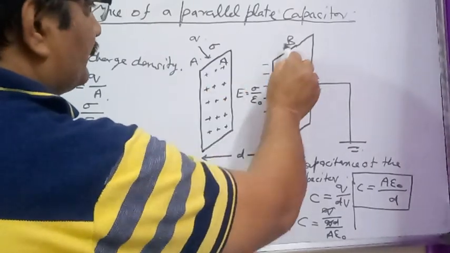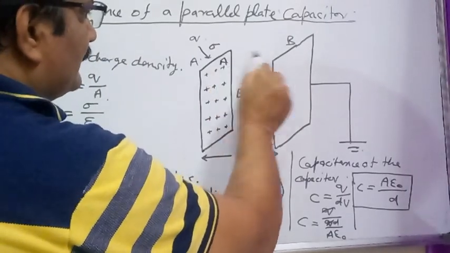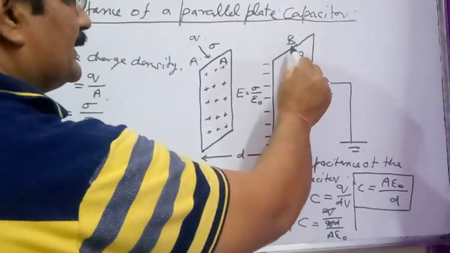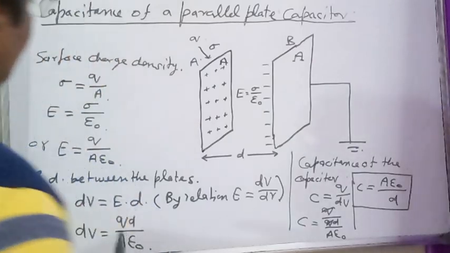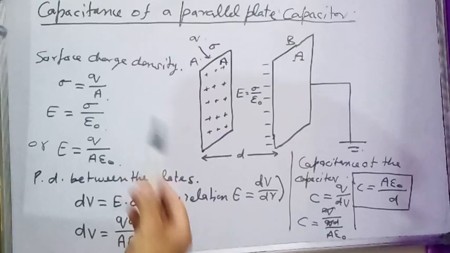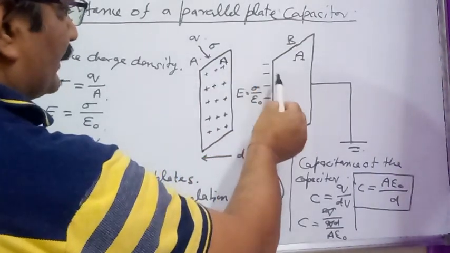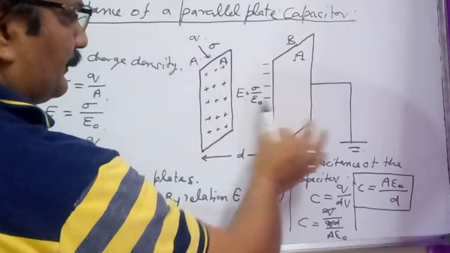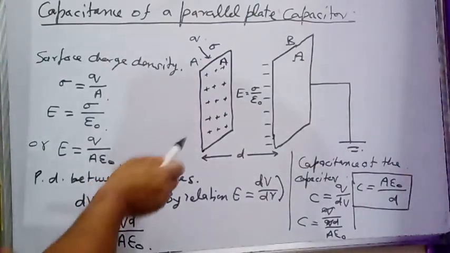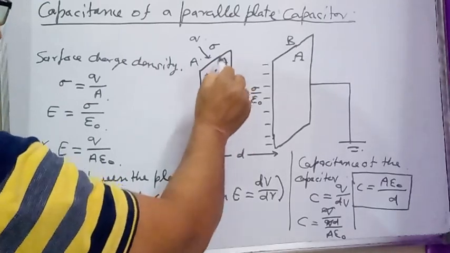This is plate A and this is plate B. The surface area of both the plates is A. Now plate A is storing the charge given to the capacitor. The function of plate B is just to decrease the potential on the surface of plate A so that the capacitance of the capacitor is increased.